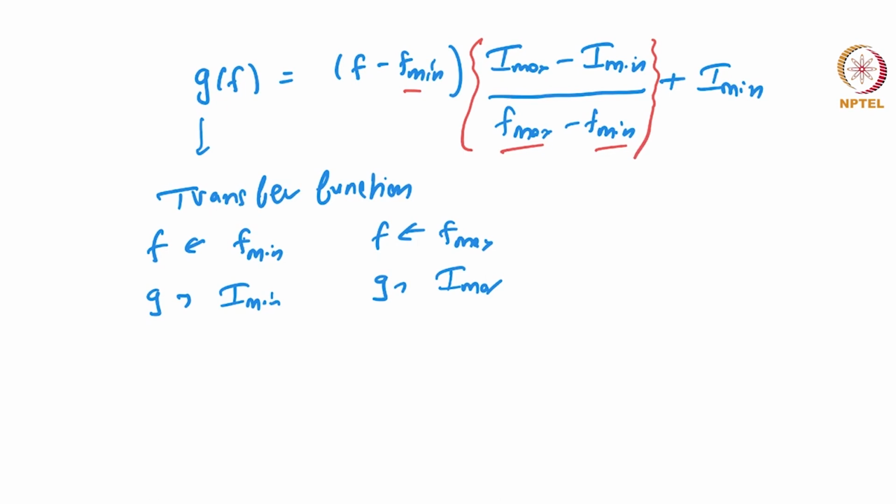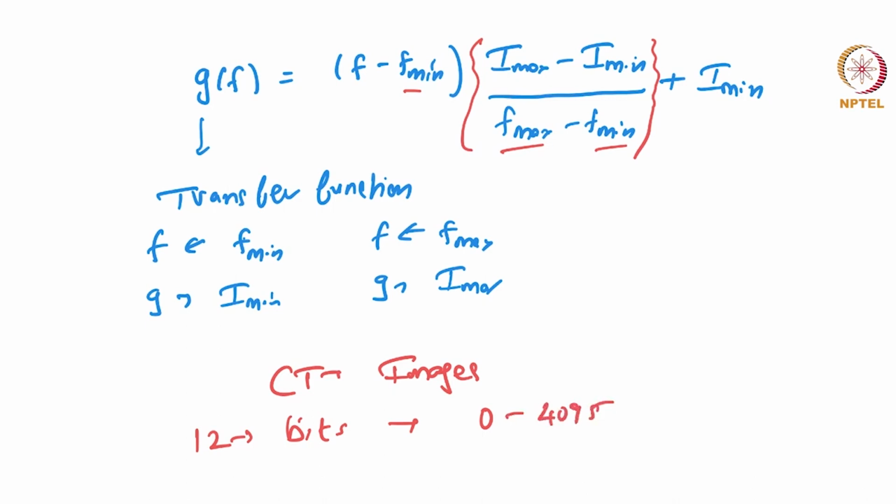This process is often done with CT images. CT images are typically 12-bit images, which means that they have 4096 values, 0 to 4095.